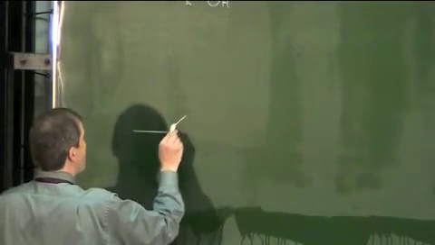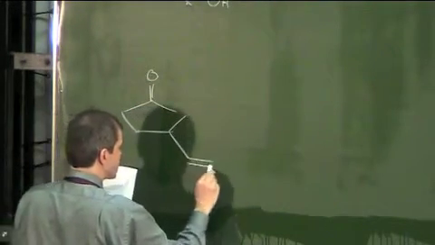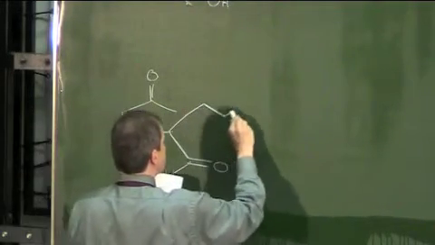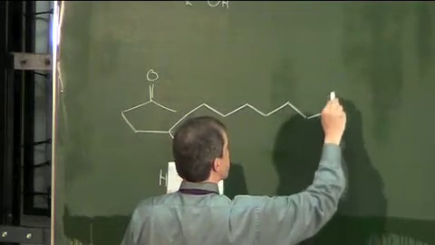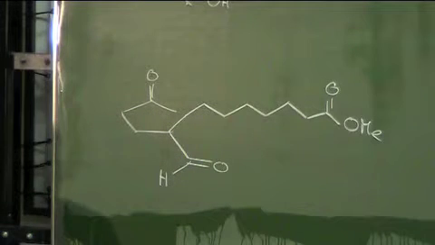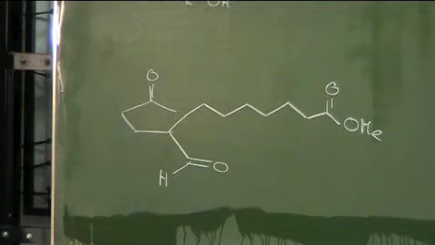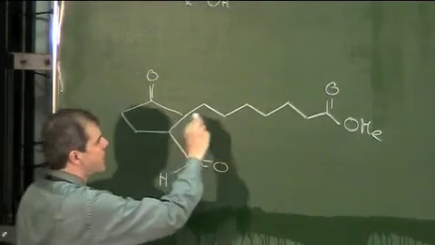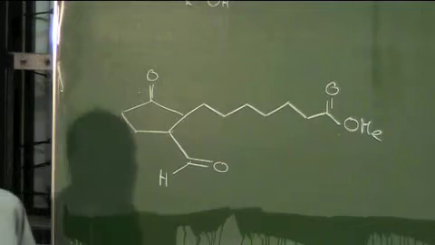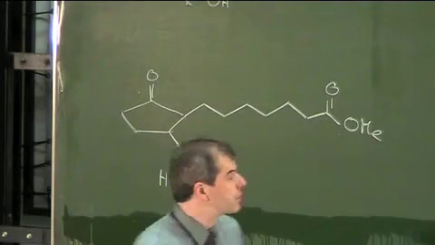Now, this can be used in a very interesting and imaginative way. Let's look at this example here. Let's look at a substrate which has three functionalities which you could, in principle, reduce. We have an ester group, we have an aldehyde group, and we have a keto group.